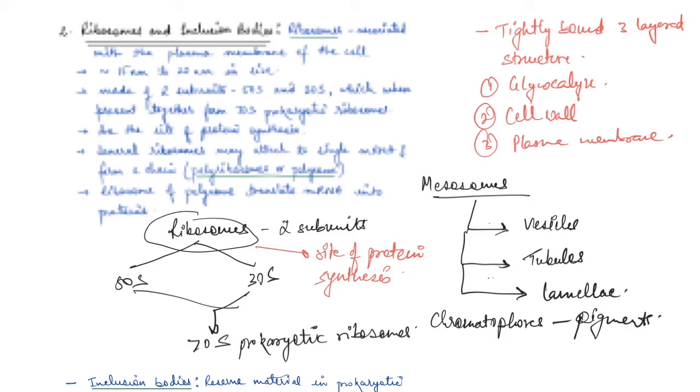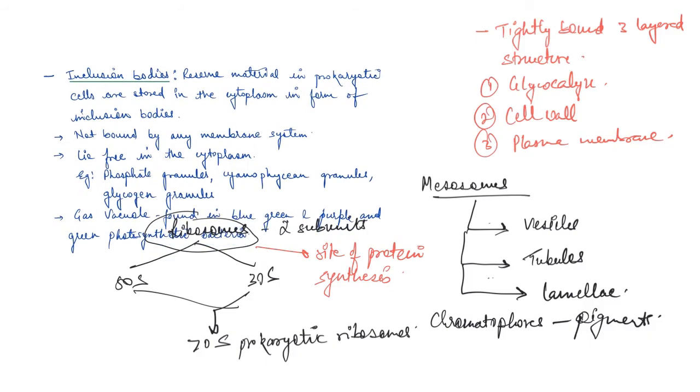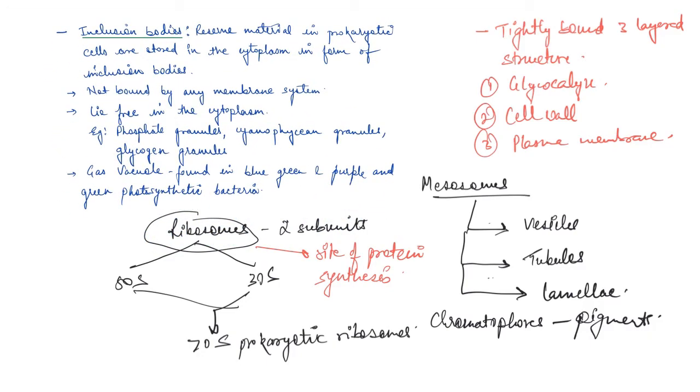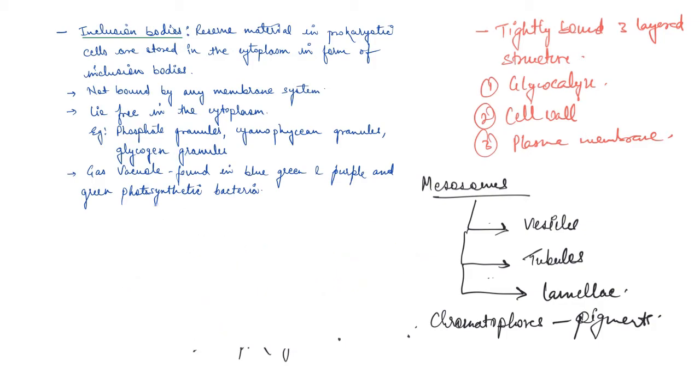Now let's go to inclusion bodies. There are reserve materials in prokaryotic cells which are stored in the cytoplasm in the form of inclusion bodies. These are nothing but storage of reserve material, right? They are not bound by any membrane system.